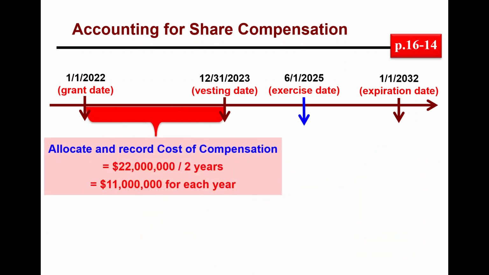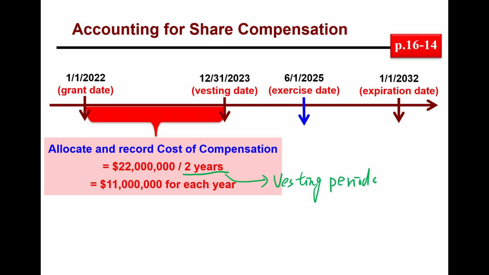So we have to allocate the $22 million over 2 years. So each year has to take the responsibility. How much? $11 million each year.